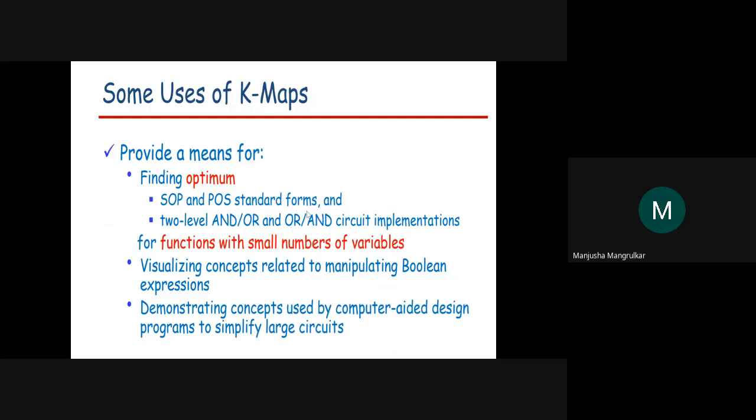So first ORing and then ANDing, for circuit implementations of functions with a smaller number of variables. So it minimizes the variables, right? It is for visualizing concepts related to manipulating Boolean equations. It is a visualizing concept.